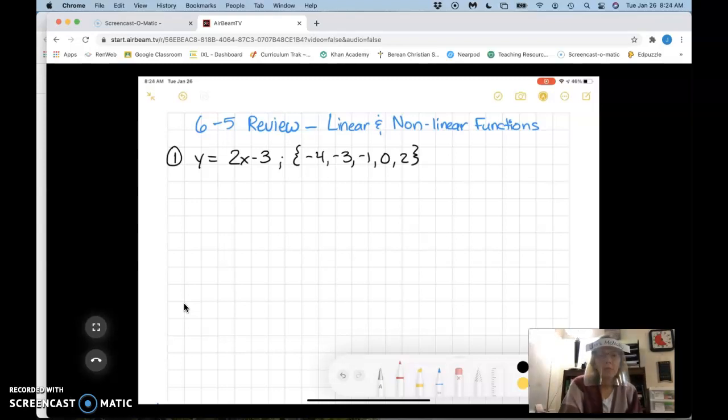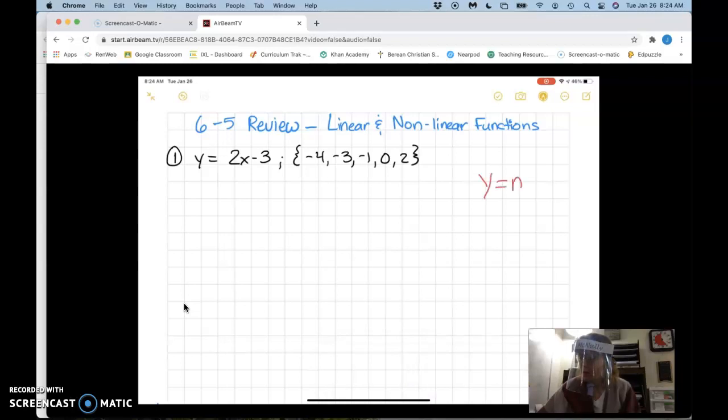So let's just review. This section is talking about linear and non-linear functions. So a linear function is a line, right? And any equation that is a line is going to be written in this form: y equals mx plus b.